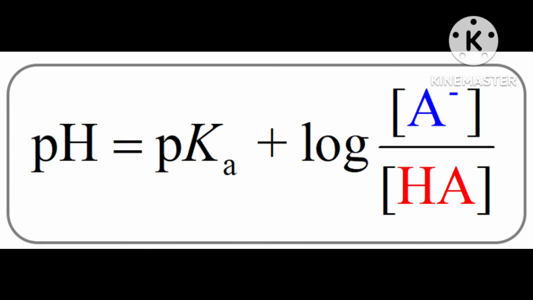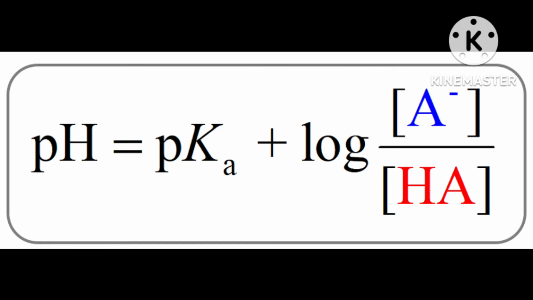In this equation I am talking about, if the concentration of anion is equal to the concentration of HA, then pH is equal to pKa, because the value of log 1 is 0.